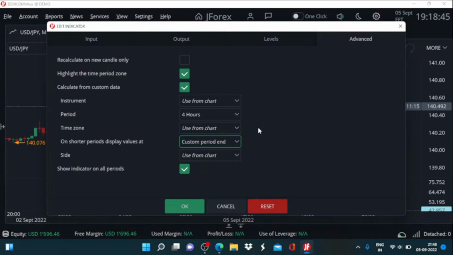So you can choose and define the output to be displayed. The spread side can be ask or bid, or you can simply use it from the chart.